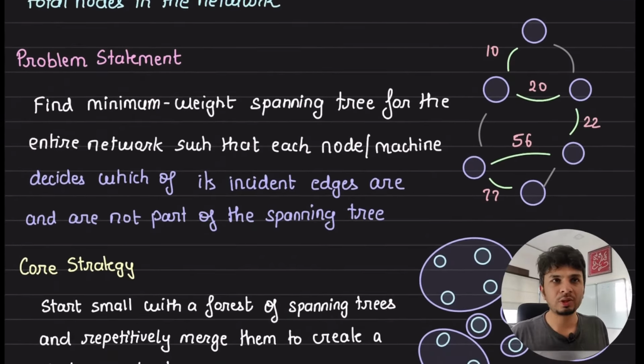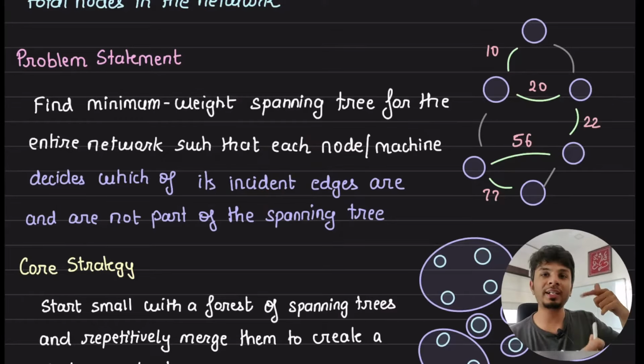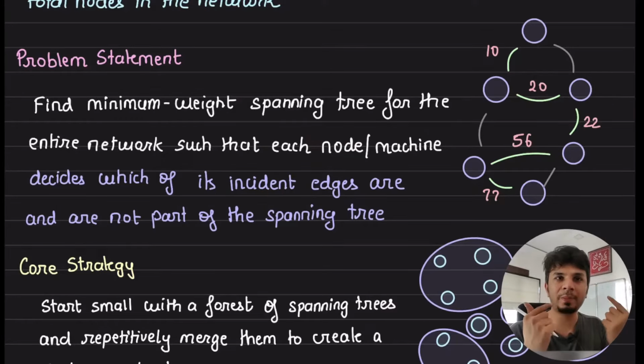So if I were to formulate the problem statement, it would be: find the minimum weight spanning tree for the entire network such that each node/machine decides which of its incident edges are part of the spanning tree and which are not. Because it's a distributed setup, there would not be any node that has the information about the spanning tree itself, because there is no topological information.